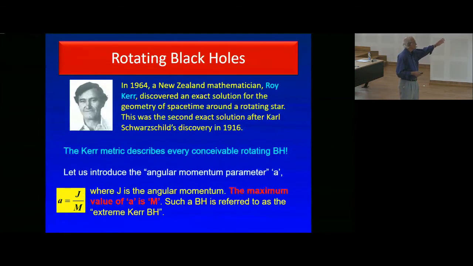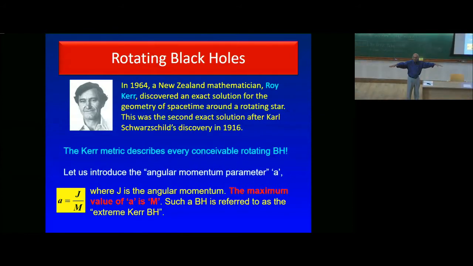I've written the metric for you in all its glory, but let us now discuss this metric mainly in the equatorial plane. Please remember that if I am dealing with a Schwarzschild black hole, because of spherical symmetry, any plane that goes through the center is equivalent, whereas because of rotation, there's one plane which is different, so let's stick to that equatorial plane.